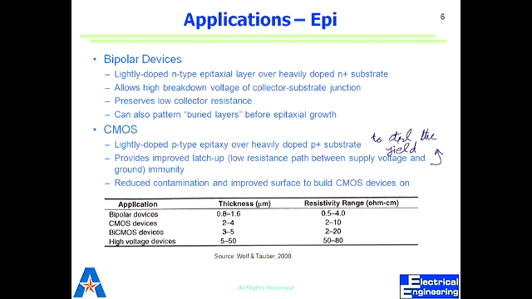But the buried layer itself is formed by ion implantation. And then you grow the lightly doped on top of that. Same case in CMOS, we have lightly doped P-type over heavily doped P-type, P+ substrate.